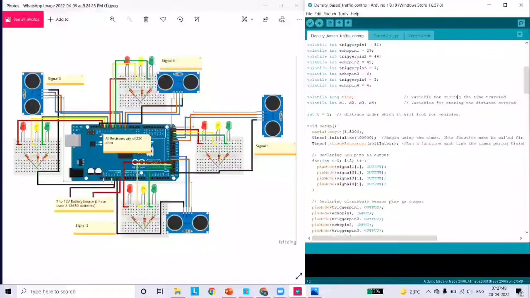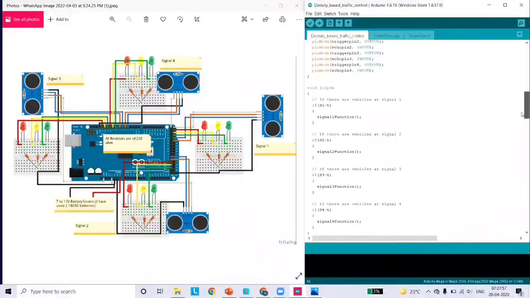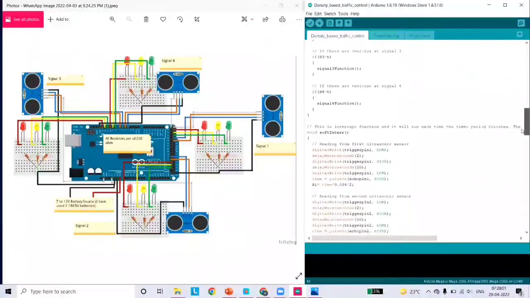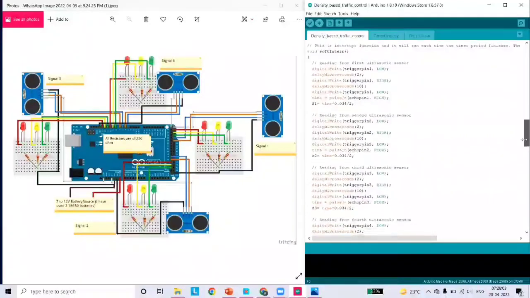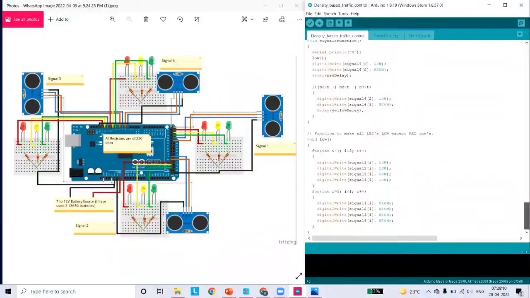Now, the loop function, when it continues, will run up to the total time t for the first signal, second signal and third signal. For each signal we have prepared 4 different functions: signal 1, signal 2, signal 3 and signal 4.